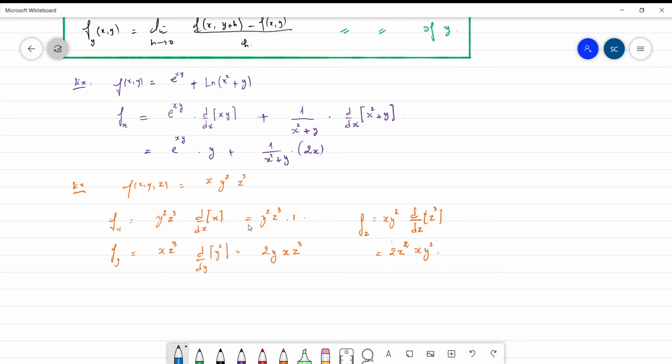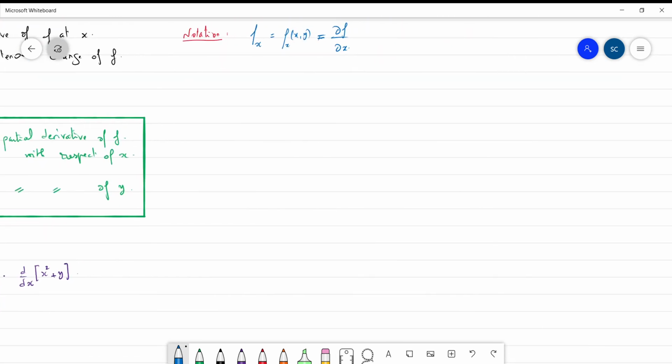I can be interested in deriving fx, for example, with respect to x, with respect to y, with respect to z. We call them higher order derivatives. So let's keep the notations for higher partial derivatives.